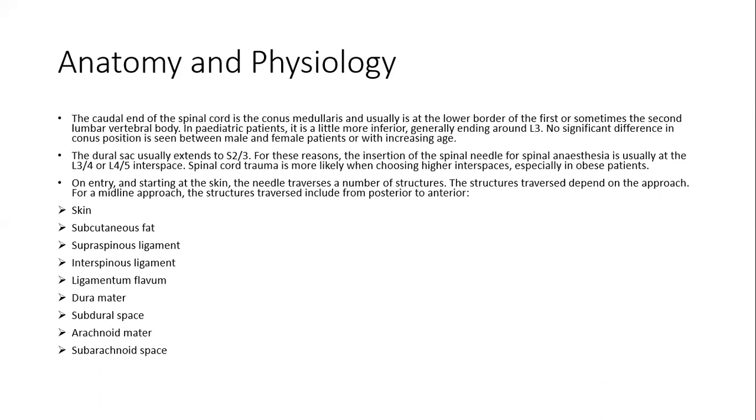Then once you pierce the dura mater, you enter the subarachnoid space, which is evidenced by a free flow of cerebrospinal fluid. Then you have the subdural space, arachnoid mater, and the subarachnoid space. So these are the structures. In an average build, it is about 6 centimeters from the skin posteriorly to the subarachnoid space.